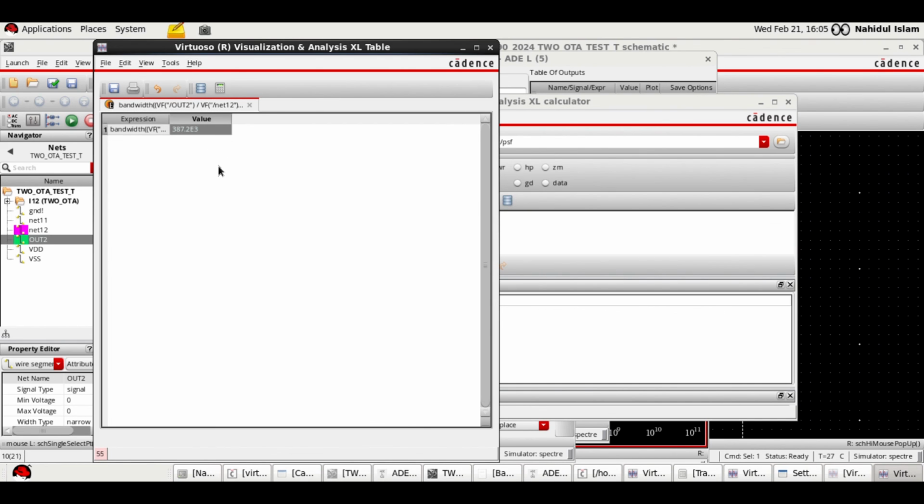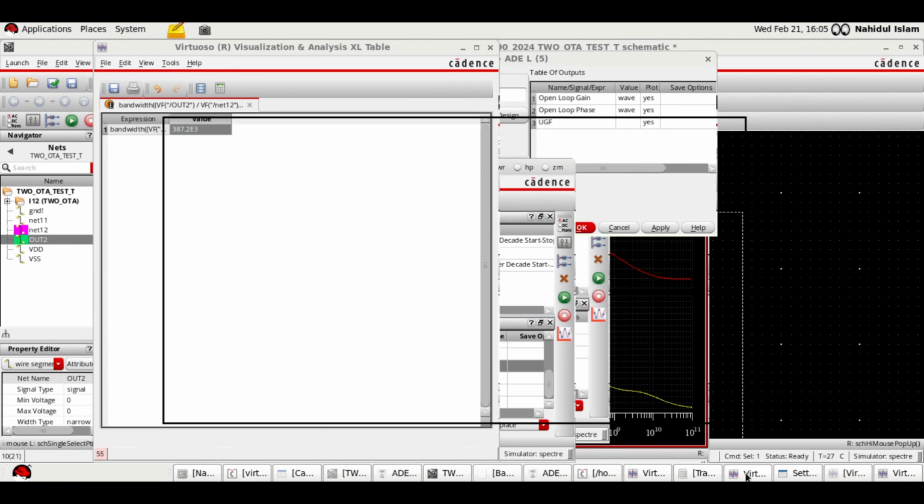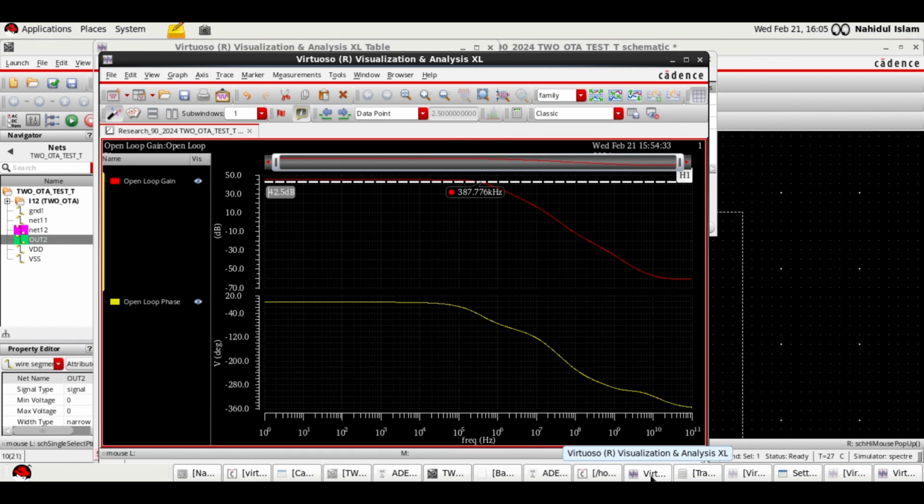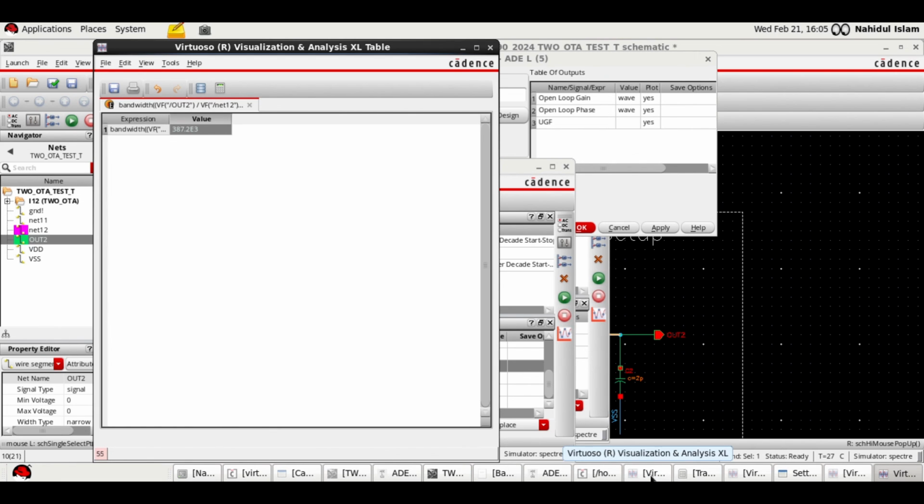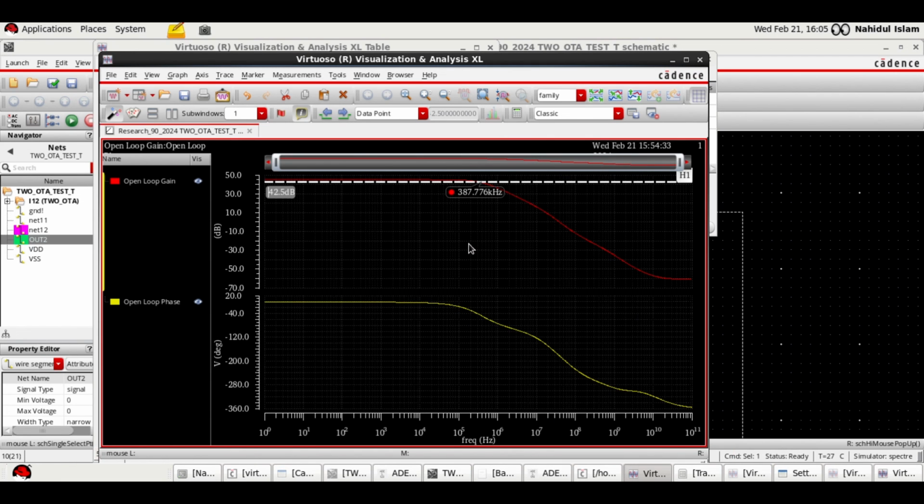We can also calculate it manually, which is 387 kilohertz. So this is basically the AC analysis.